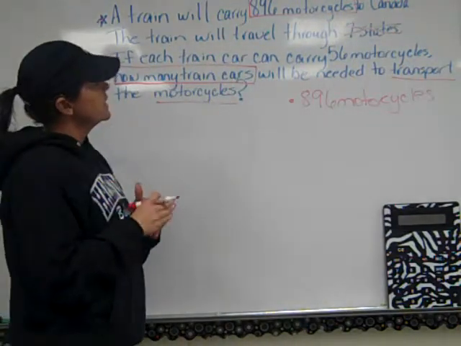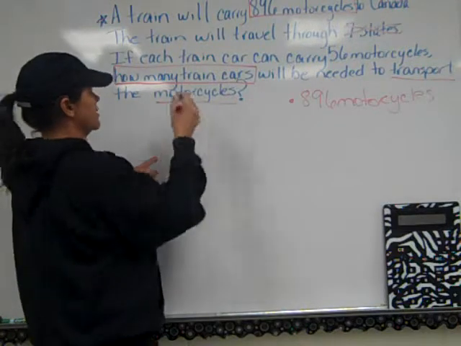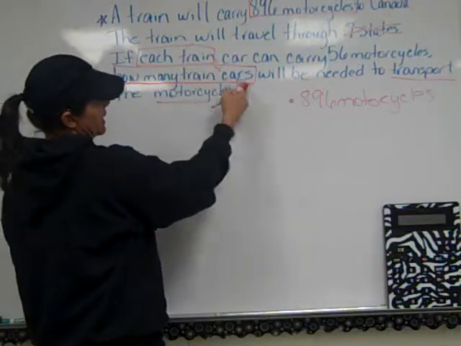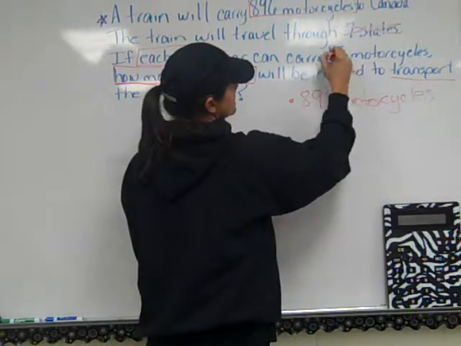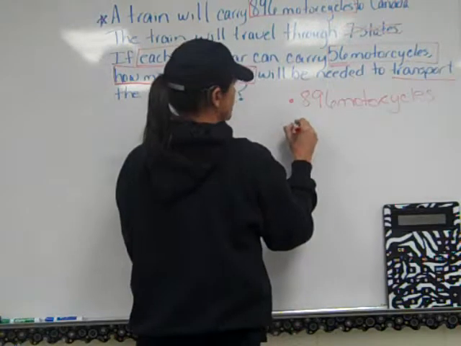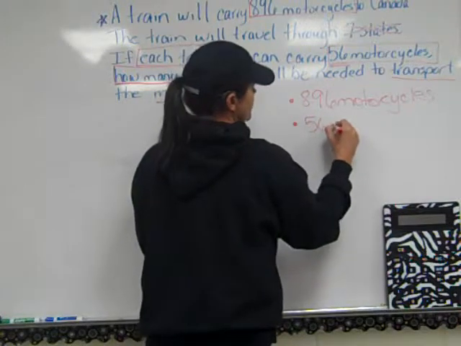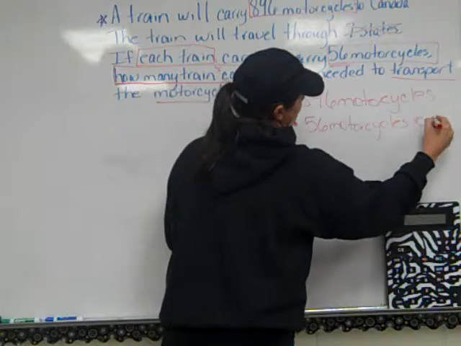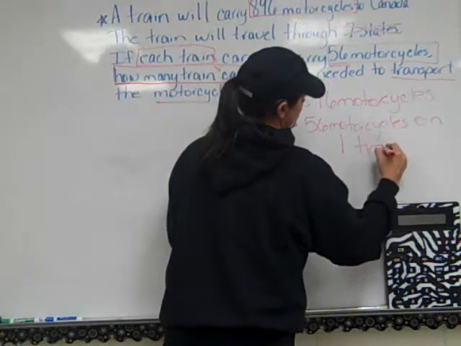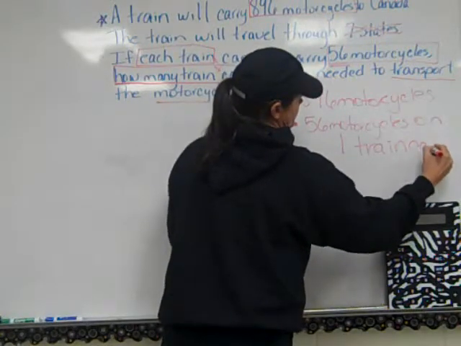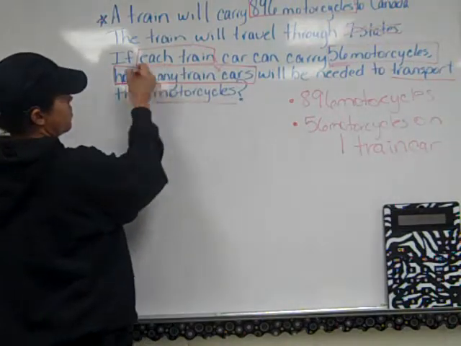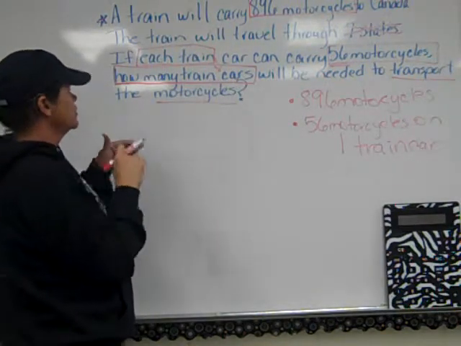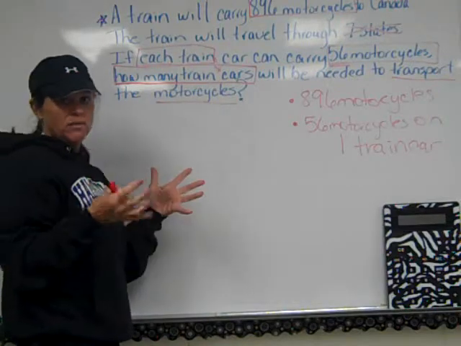If each train car can carry 56 motorcycles, so each of these train cars that we're talking about can carry 56 motorcycles. Okay, so that's important. 56 motorcycles on one train car. That's what the "each" stands for, 1. And I need to know how many total train cars are going to be needed to transport all of the motorcycles.